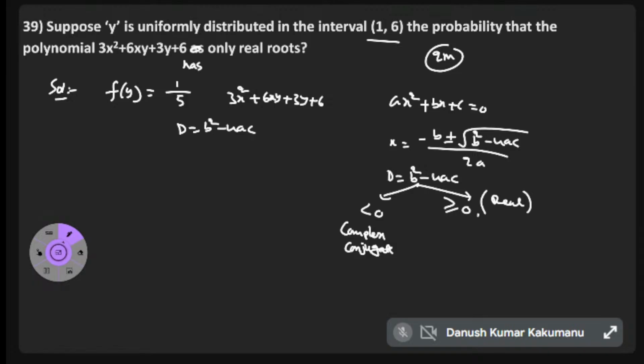Discriminant greater than 0 or discriminant equal to 0, two cases arise. Discriminant greater than 0, roots are real and distinct. Discriminant equal to 0, roots are real and equal.